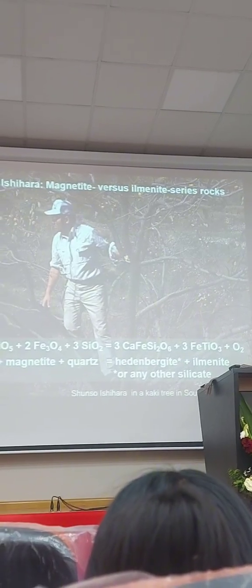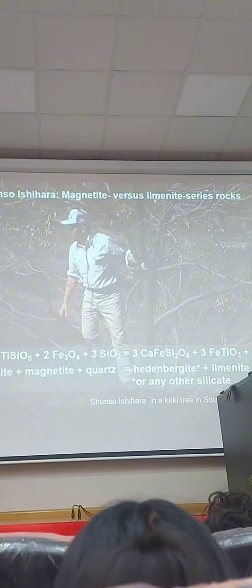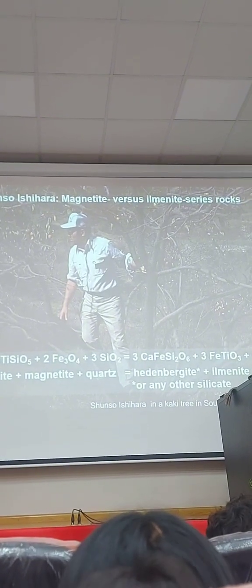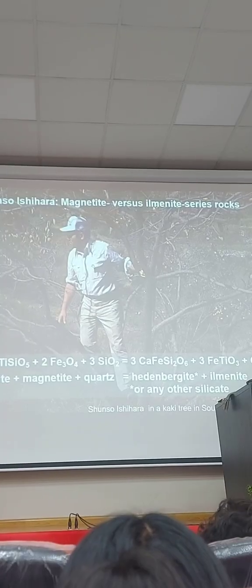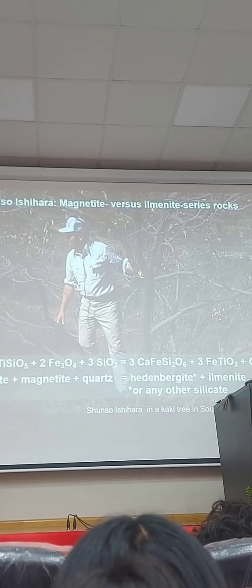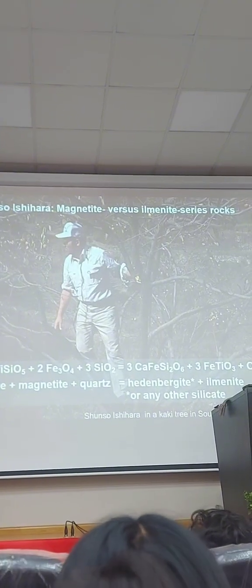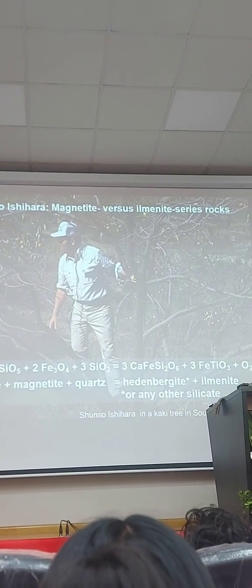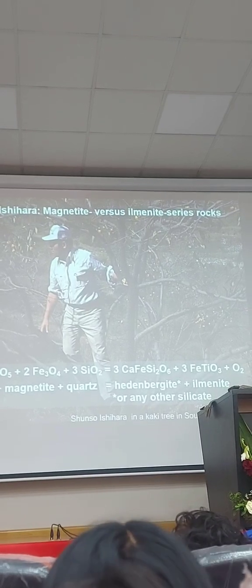Because he observed that in Japan there are some small molybdenum deposits. They are always related to magnetite rocks, which means granitic rocks which have accessory magnetite. Japan also has a few small tin deposits, and the granites related to the tin deposits, they don't have magnetite, they have instead ilmenite.